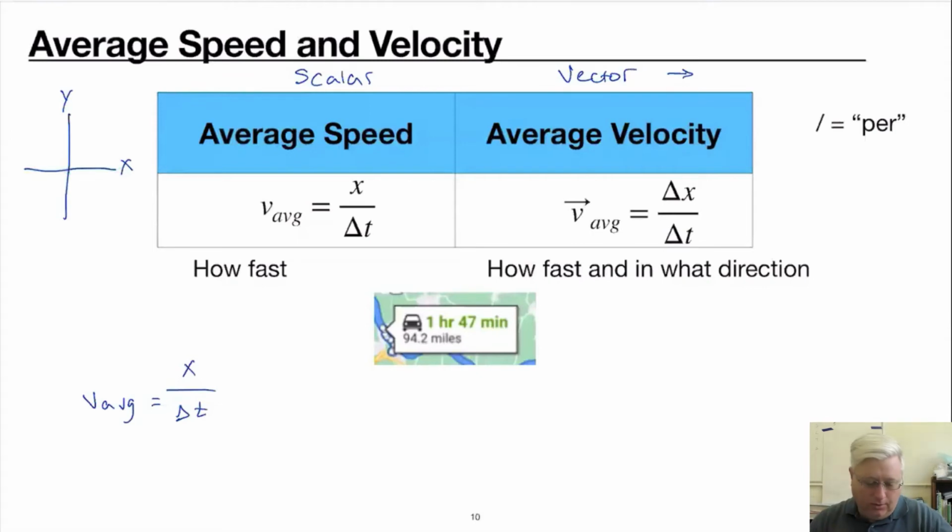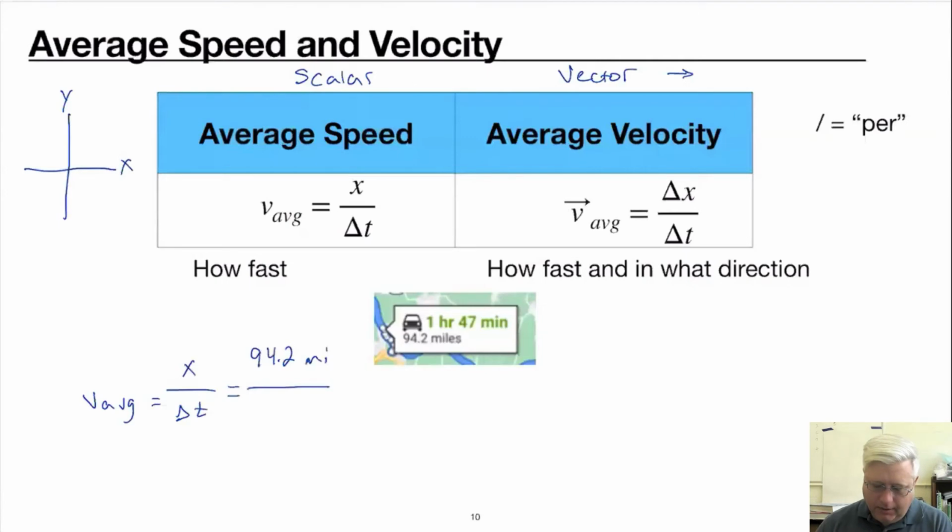When we do things on the X plane, we usually reference it with an X, and on the Y plane with a Y. So I'm just going to start with using X, and hopefully that makes sense. And so our X, or our distance, is 94.2 miles, and I'll put MI for miles.